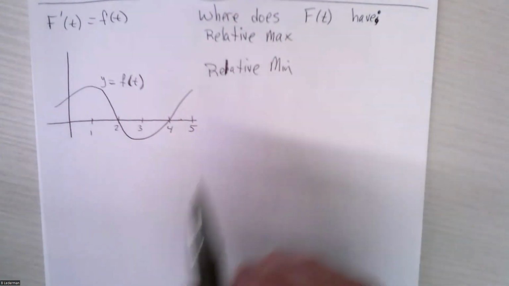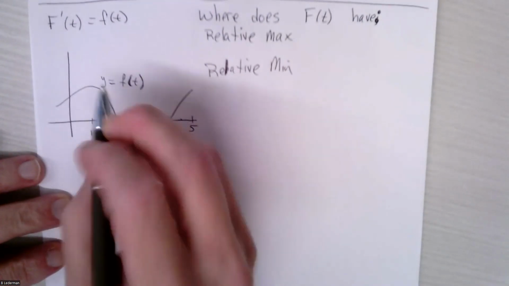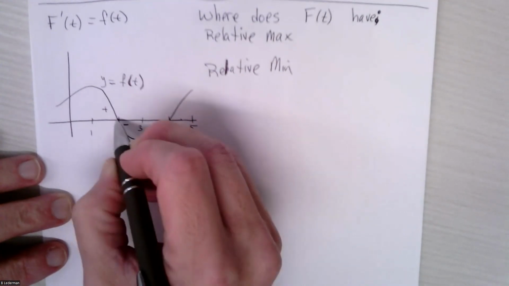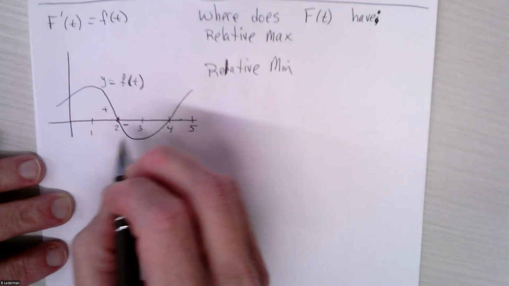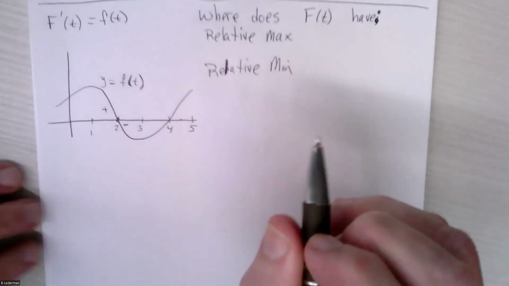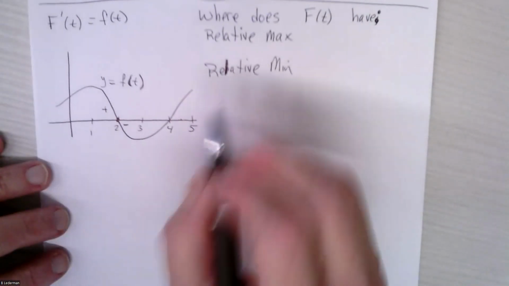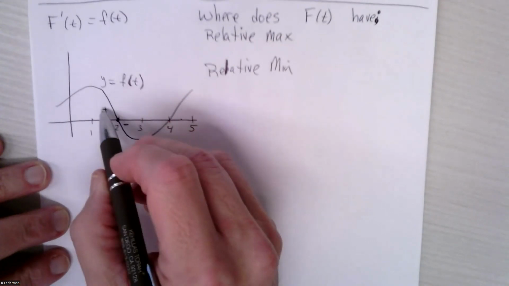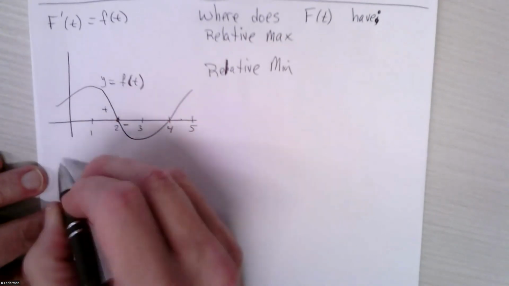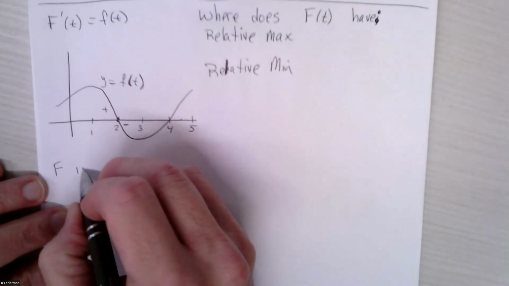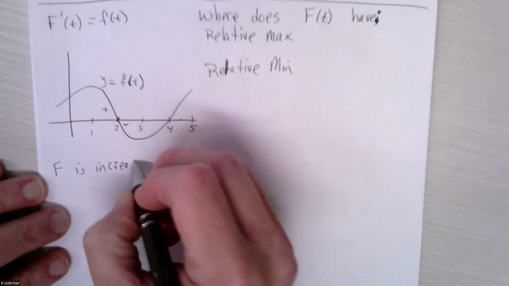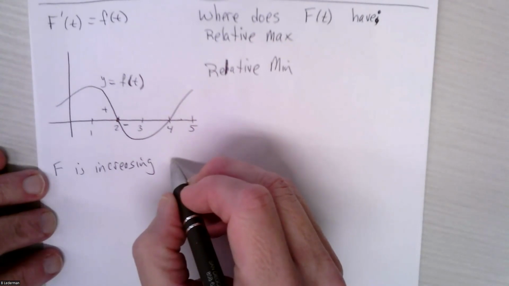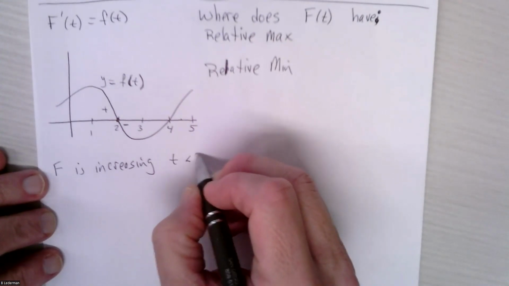Well, the answer is actually very simple, because if you notice, small f is positive over here, and then small f becomes negative over here, which means when t equals 2, since small f goes from positive to negative, well, when small f is positive, that means that capital F is increasing for t less than 2.